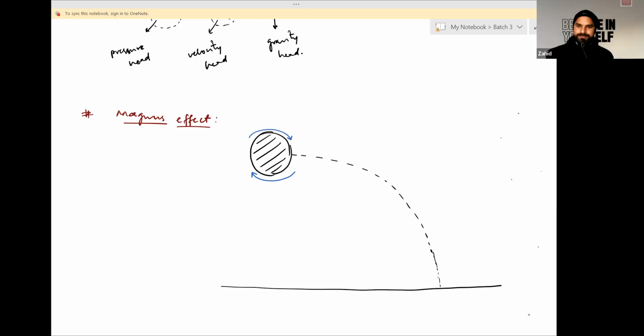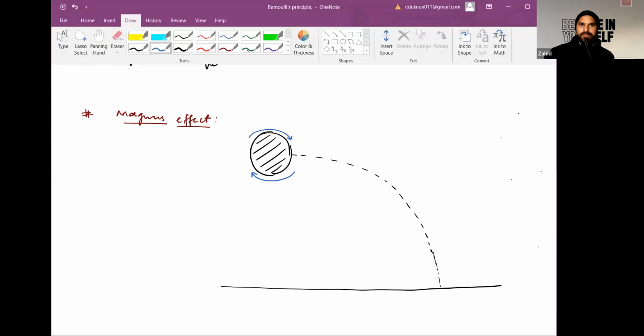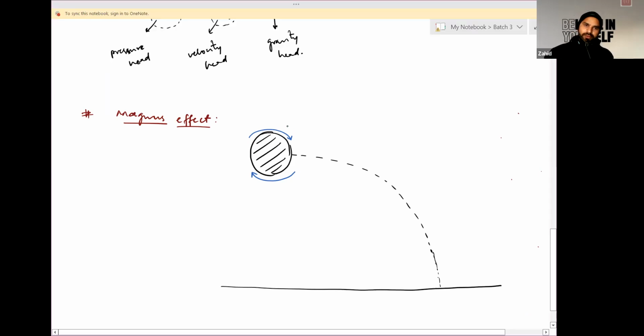Let me explain. Suppose this ball is spinning in a clockwise direction. So the air around it must be moving opposite to it. Similarly, at this point, the velocity of air will be along this direction.